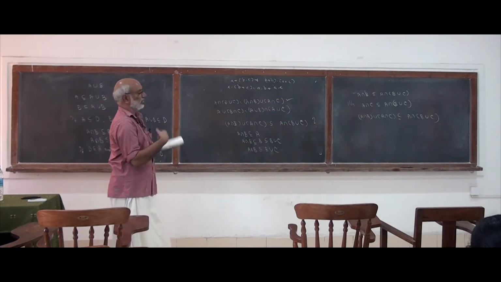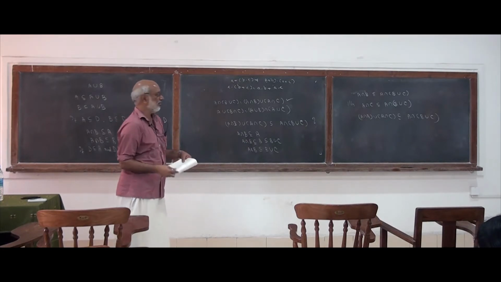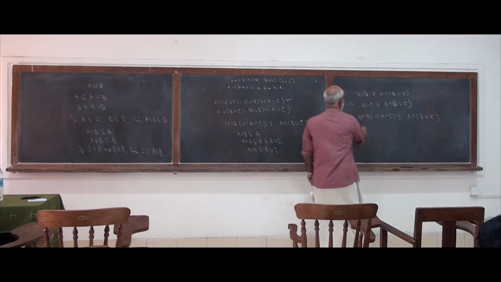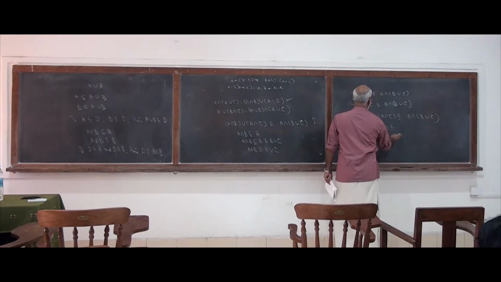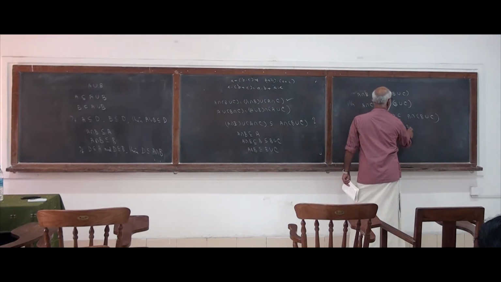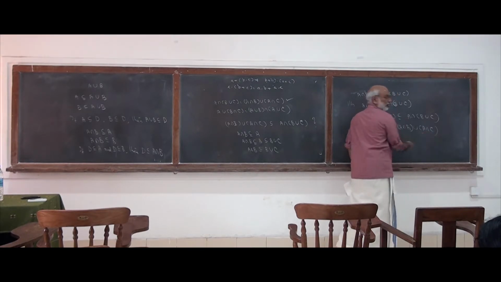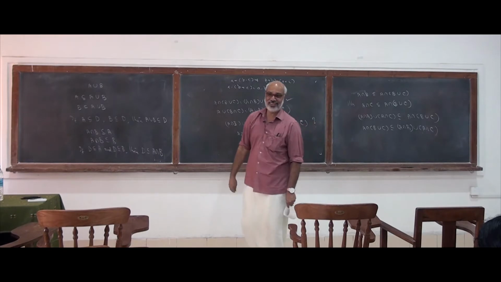Now we want to prove the other thing, that is, we want to prove that A intersection B union C is contained in A intersection B union A intersection C. For that you can use the usual method.